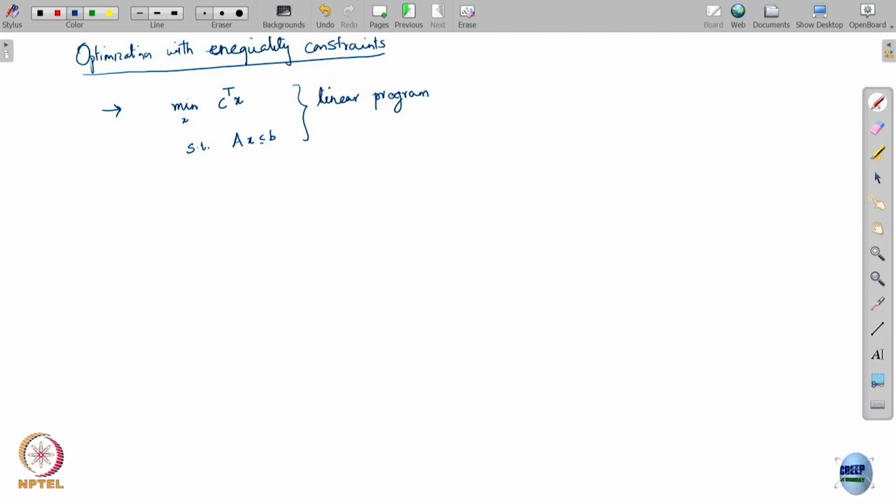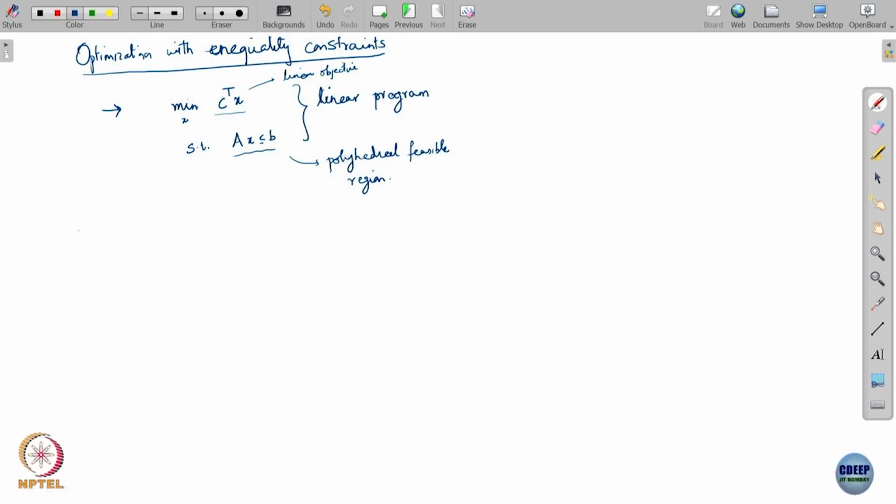A linear program has a linear objective and a polyhedral feasible region.